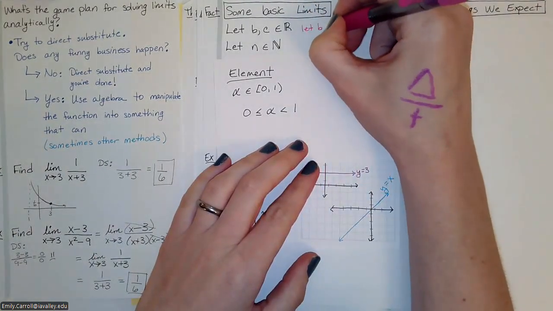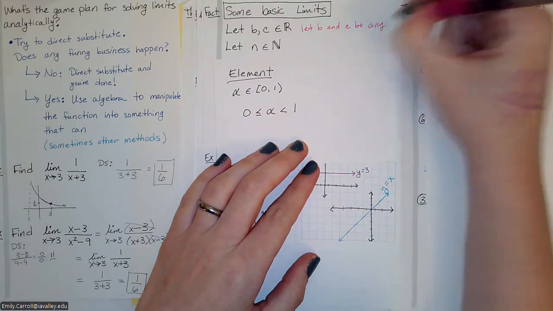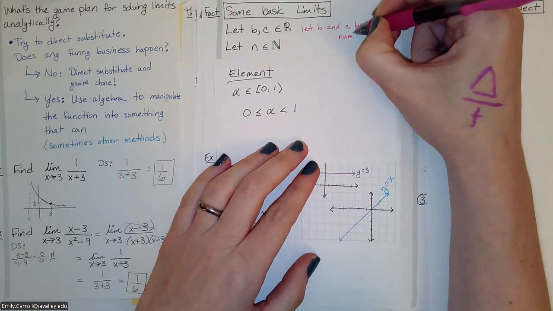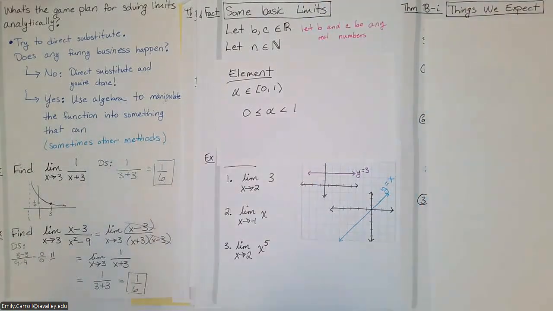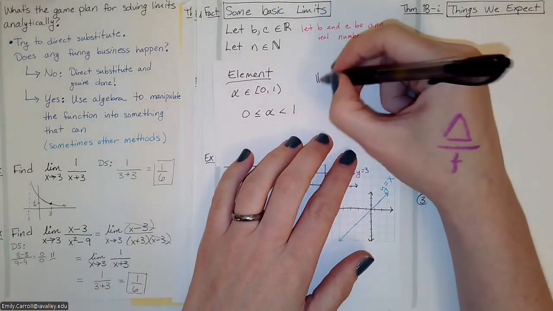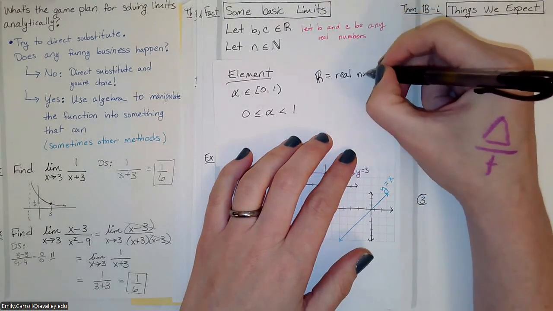let B and C be any numbers, any real numbers. Okay, maybe I'll add that here. Blackboard bold R equals real numbers.